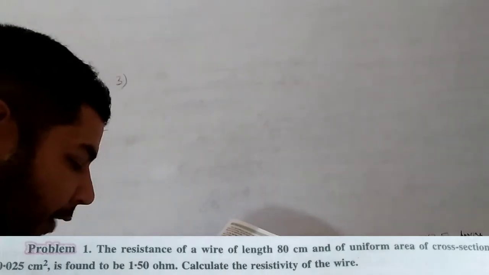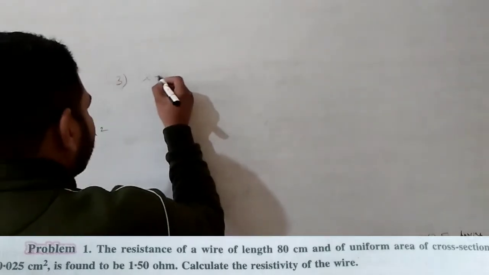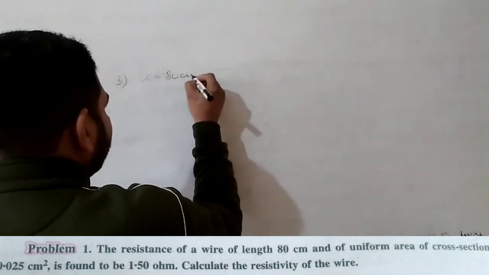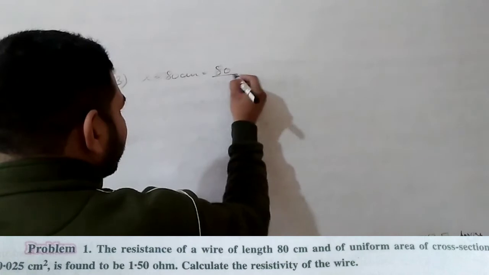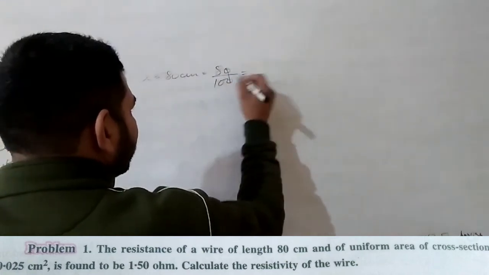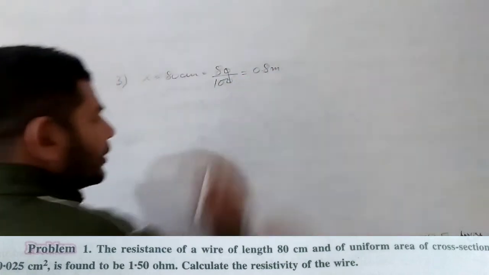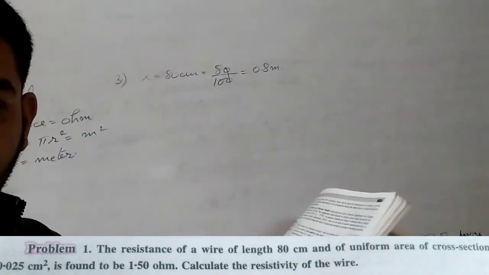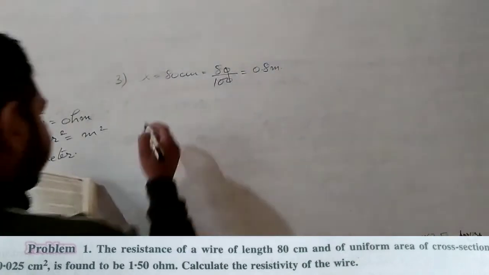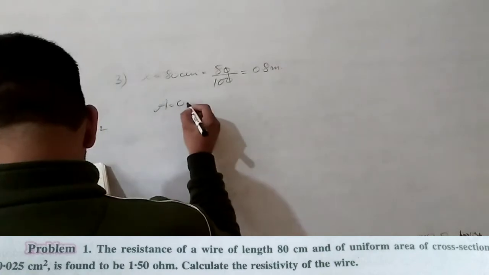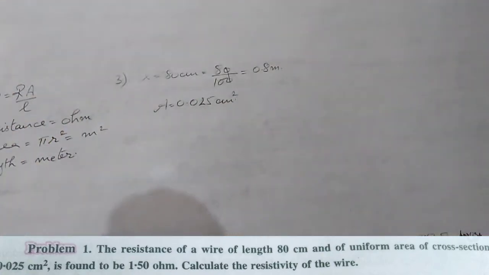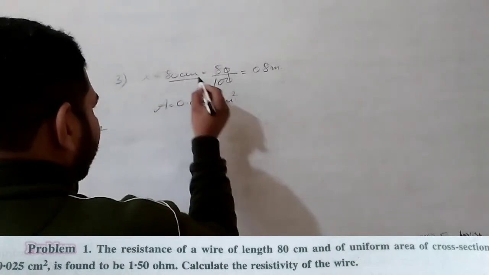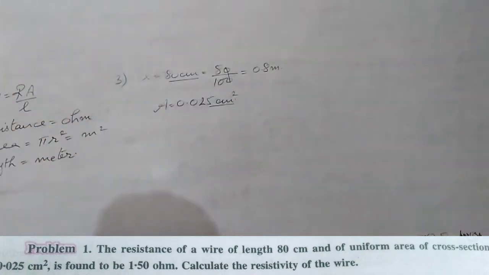A wire of length 80 centimeter, L is equal to 80 centimeter, so we have to convert 80 into meter, that is 0.8 meter. The area is 0.025 centimeter square. If we take the length in centimeter, this is also in centimeter.